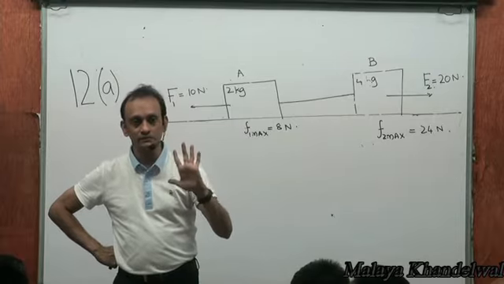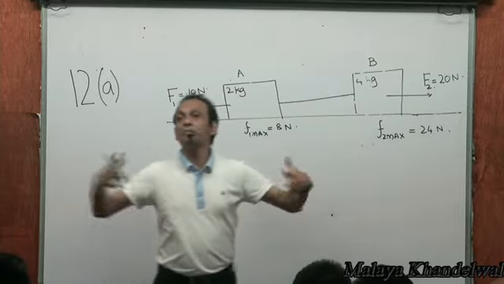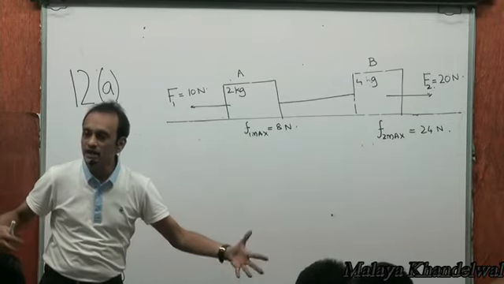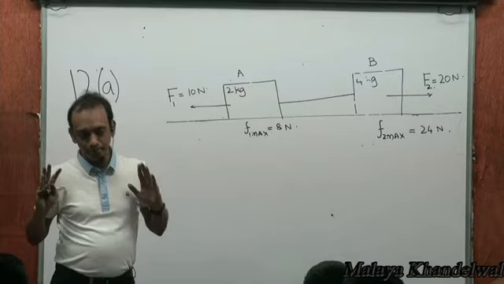That is guaranteed, because A and B together have a max combined strength of 32 newtons, which is more than 10 newtons, and that's good enough to prevent sliding. Is that all right or not all right? Okay.